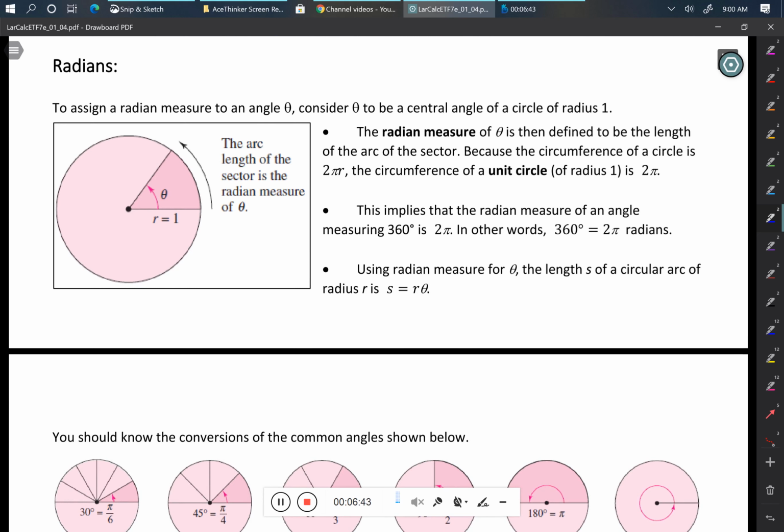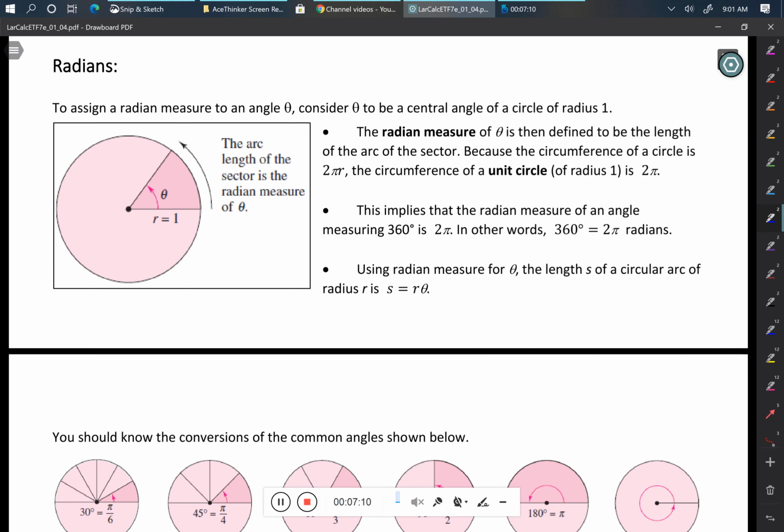But, oh, there's 5,280 feet in a mile, and don't even get me started about other weird measurements in that system. But it's kind of like that. You could measure an angle in degrees, or you can measure an angle in radians. Now, radian measurement is how calculus is done. So when we're working calculus problems, we need to make sure that the measurements we use are radian measures.